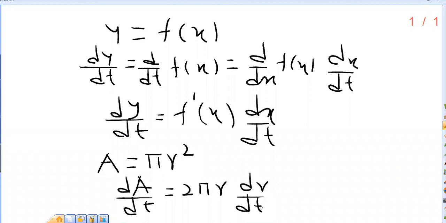Thus the derivative of a function is a rate measurer of the function.